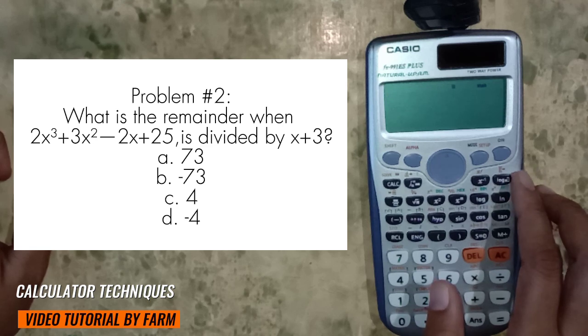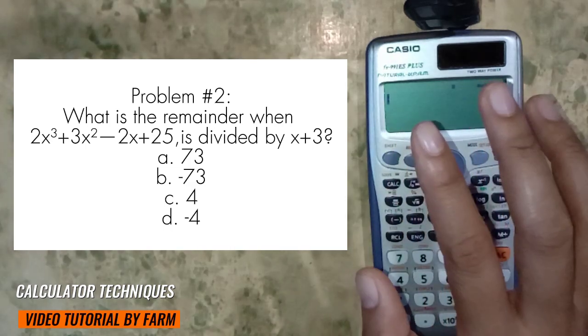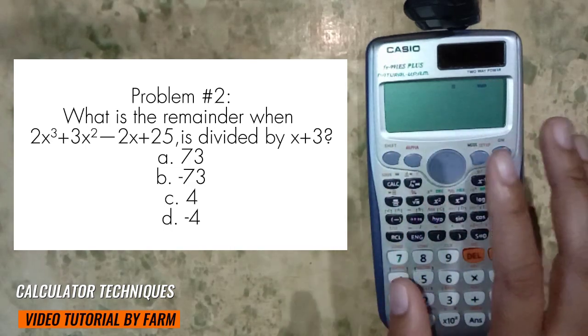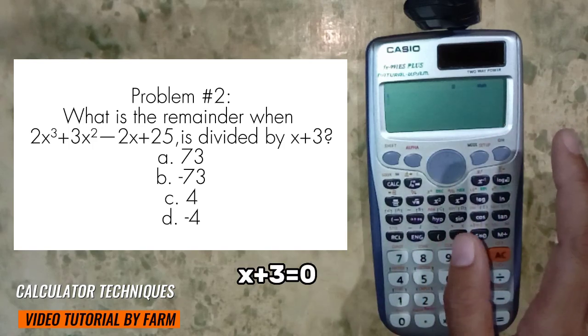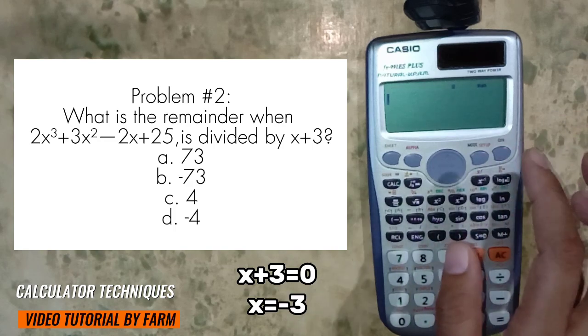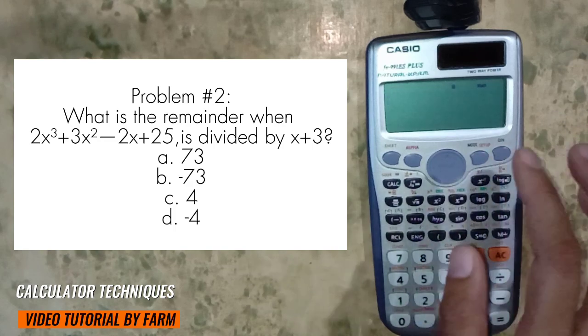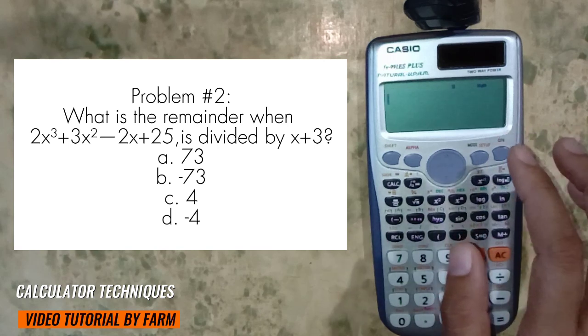So what we are going to do to solve this is that x plus 3, we simply equate it to 0. So imagine equating that to 0. X plus 3 equals 0, then get the value of x, so that becomes x equals negative 3. So next, we will be getting the f of negative 3 because that is the value of x.